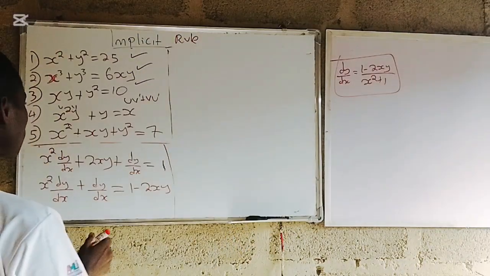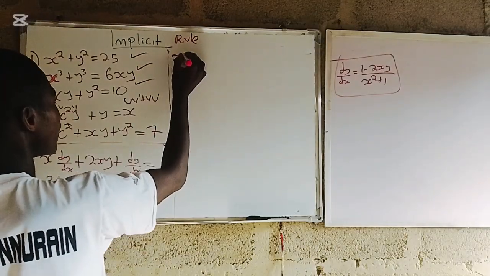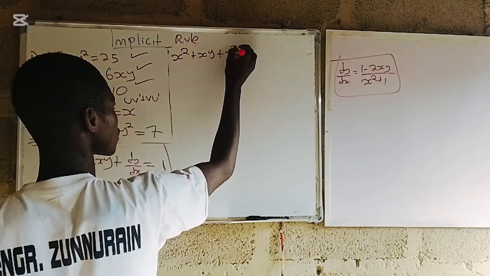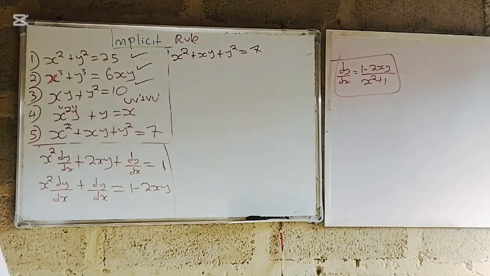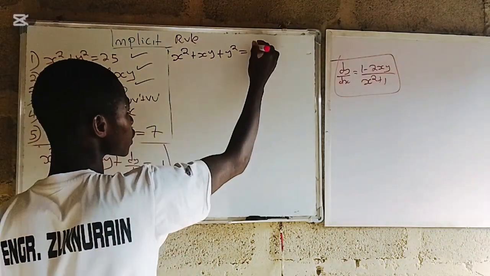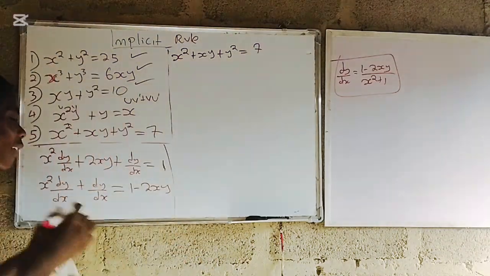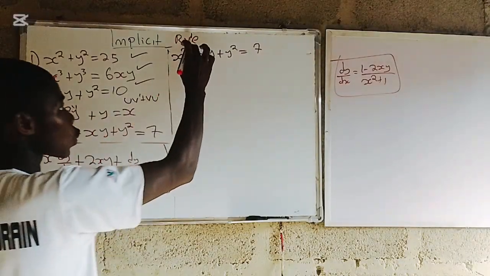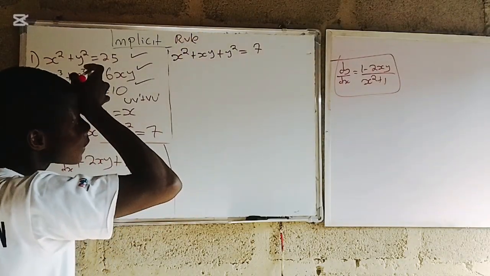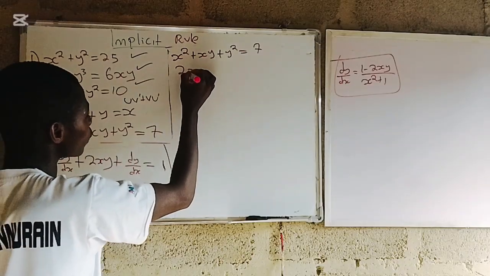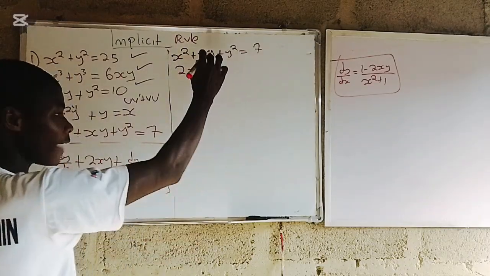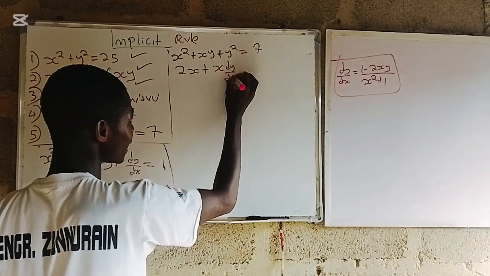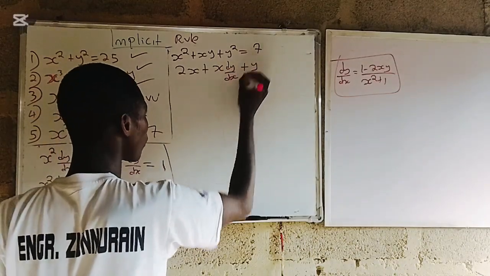So if I take a look at the fifth question, x squared plus xy plus y squared is equal to 7. So I have to differentiate all. This implicit rule, it is very interesting. Differentiate this, I'll get 2x plus, if I differentiate these guys, I'll get x dy/dx plus y.